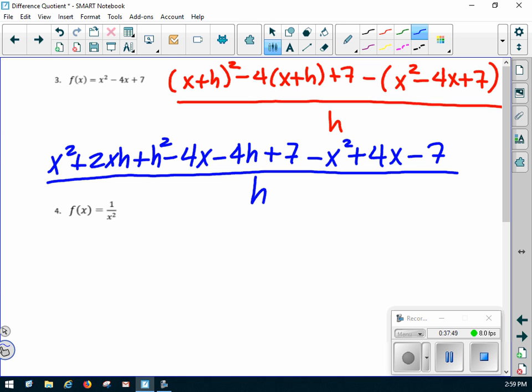X plus h times x plus h is going to give me x squared plus 2xh plus h squared if you FOIL it out. Once you get here, you better have quite a bit of stuff that's going to add up to give you 0. X squared minus x squared, negative 4x plus 4x, positive 7 minus 7.